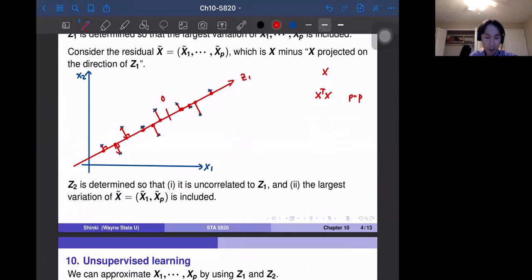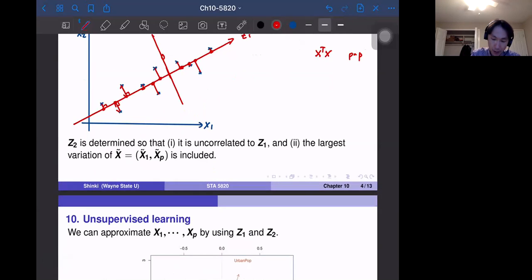And after we determine Z1, we consider the space perpendicular to Z1. In this figure, actually only a 1-dimensional space remains. But if we have 3-dimensional space originally, then after we define Z1, the remaining space is 2-dimensional. Then we basically repeat the same procedure again.